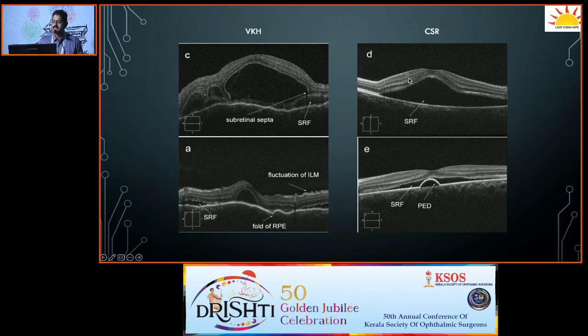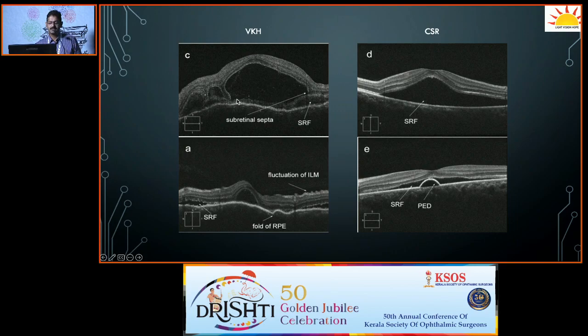And in CSR, you will see subretinal fluid, which you can also see in VKH. Along with that, in a case of chronic CSR, you can find intraretinal fluid or schisis. Whereas in VKH, there's a condition called Ballard, that is basilar layer detachment. What happens is the fluid is collected just above the photoreceptor layer.